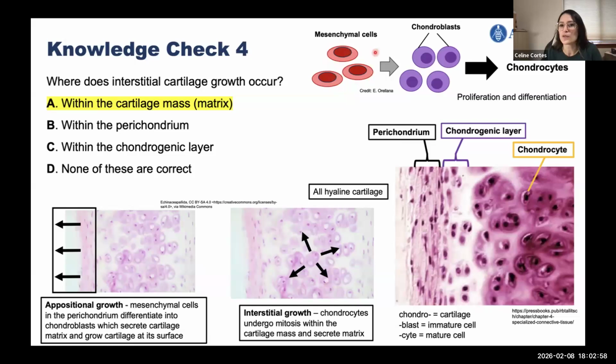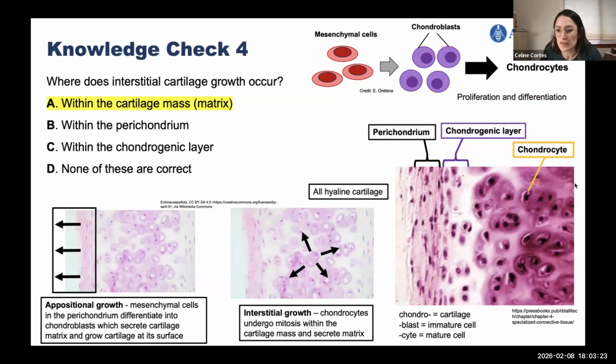Mesenchymal cells can differentiate into chondroblasts, which can then differentiate into chondrocytes. These all play different roles in the formation and maintenance of cartilage.